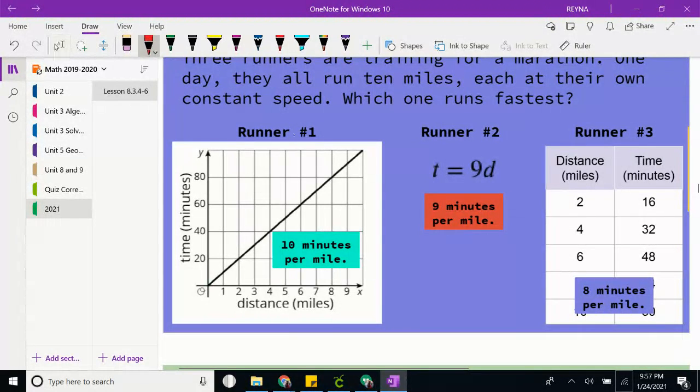All right, so runner number 3 is the fastest. Yay! Very cool. So even though all of these looked different, we had a graph, we had an equation, and we had a table, we were still able to find out how fast they ran and then which one was the fastest.